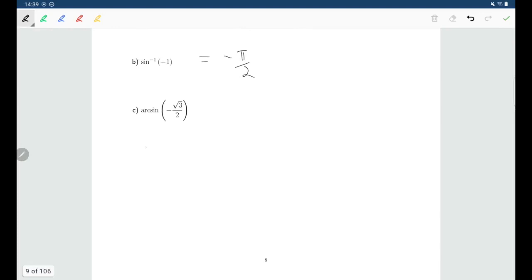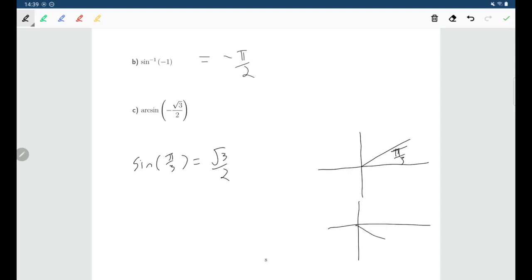So we know that sine of pi over 3 is positive root 3 over 2, but then if pi over 3 gives you that output of positive root 3 over 2, then if you had a reference angle of pi over 3 in quadrant 4, where sine is negative, that should have an output of negative root 3 over 2.